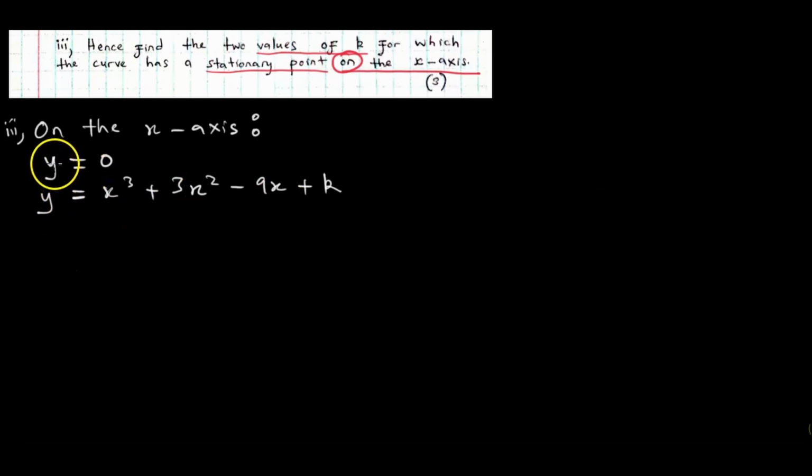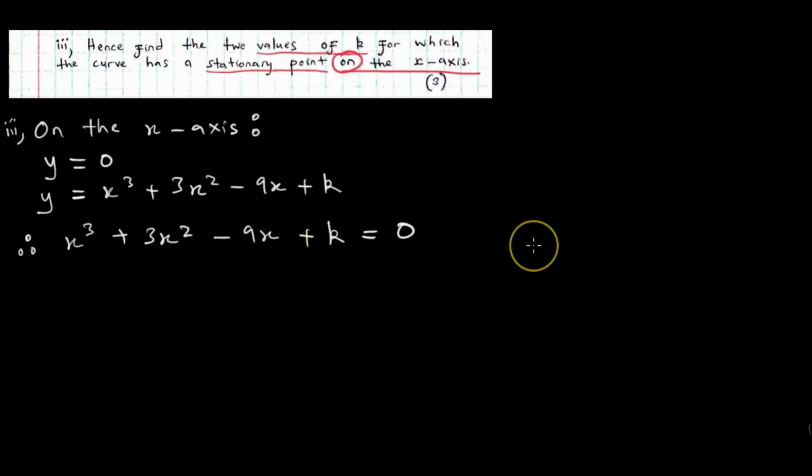So since y is equal to 0, but we also know that y is equal to x cubed plus 3x squared minus 9x plus k, logic should tell us that therefore x cubed plus 3x squared minus 9x plus k is equal to 0. That's logic. That's basic transitivity. It says if a is equal to b, and a is also equal to c, it simply means that b is equal to c.